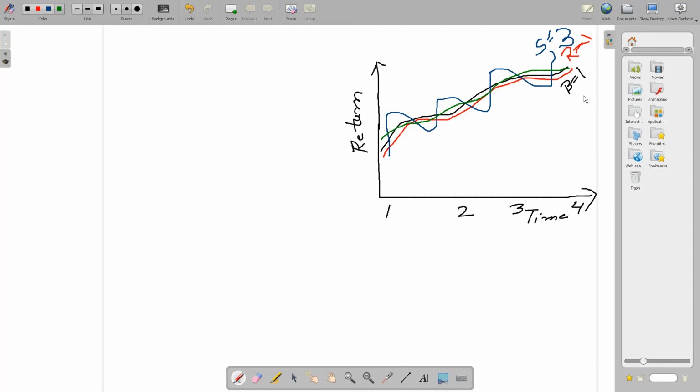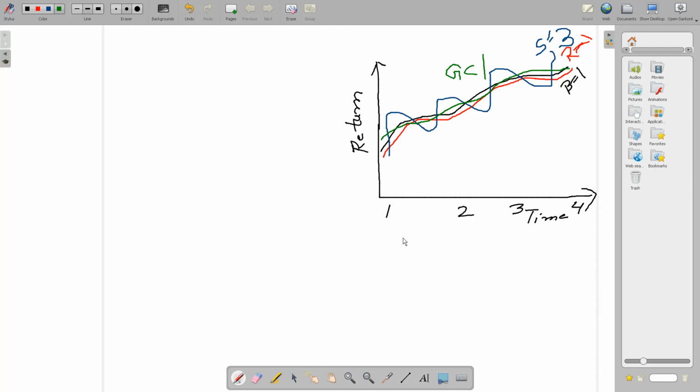So in this case, we will say that this stock, which is represented by the green line, say G, the beta of the stock G would be less than 1. So what are we coming to? That beta in very simple terms is the sensitivity of a particular security with respect to the movement of the market.